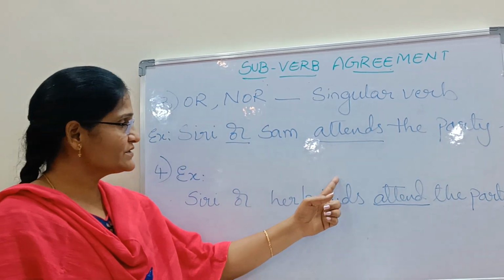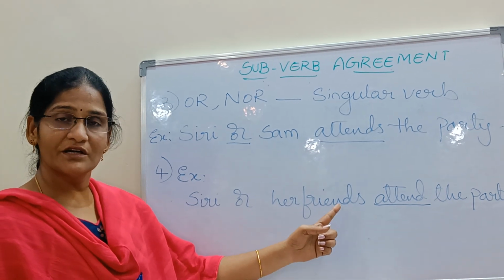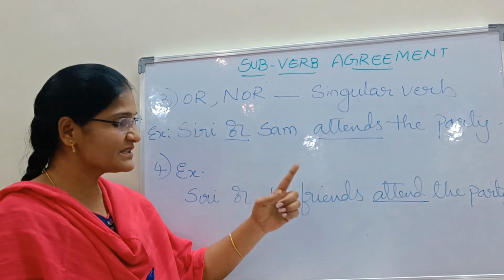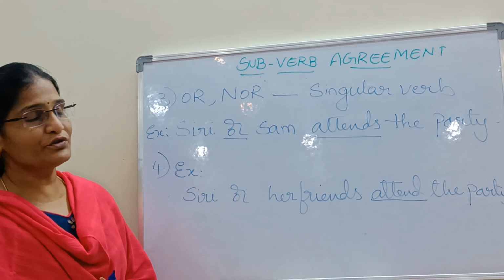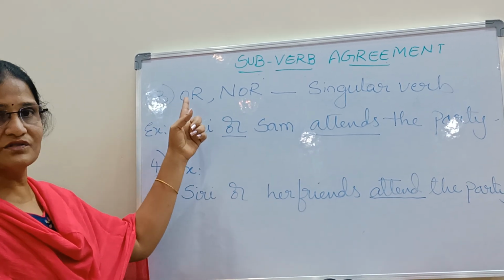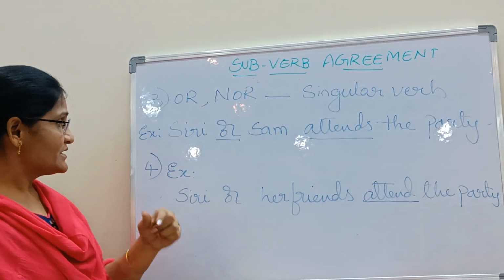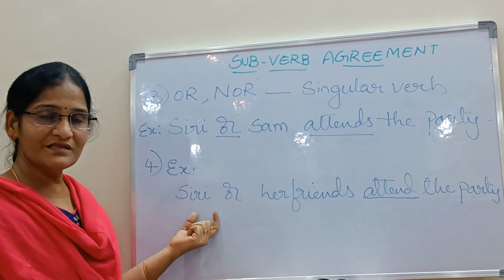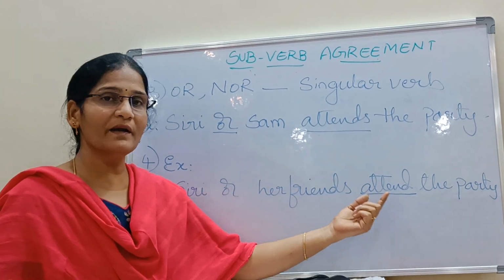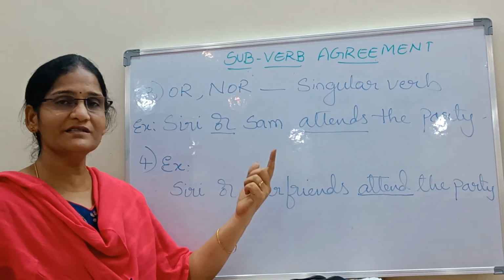This verb agrees with the closest noun itself. So this is the fourth rule. The third rule is whenever you use "or" or "nor," you have to use the singular verb itself. But whenever there is one singular and one plural, the verb agrees with the closest or nearest noun.